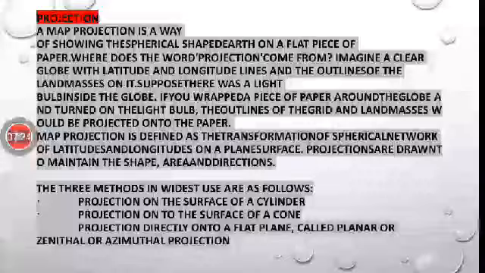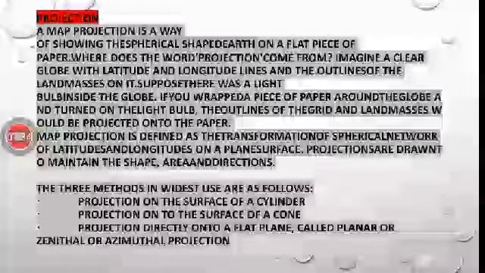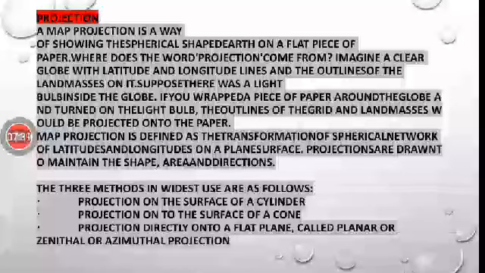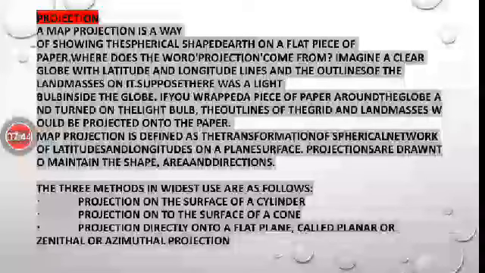The next is projection. Map projection is a way of showing the spherical shape of the Earth on a flat piece of paper. Where does the word projection come from? Imagine a clear globe with latitude and longitude lines and the outlines of the landmasses on it. Suppose there was a light bulb inside the globe.